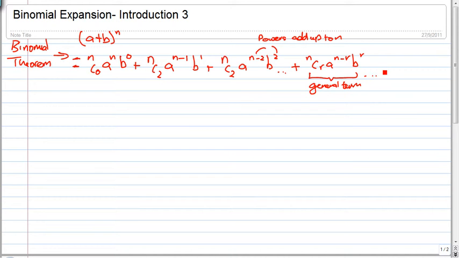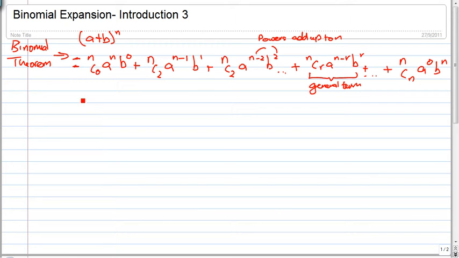And then finally, the very last term will be nCn. A will be to the power of 0, just as b was to the power of 0 in the first term, and b is to the power n. Once again, 0 plus n must equal n.